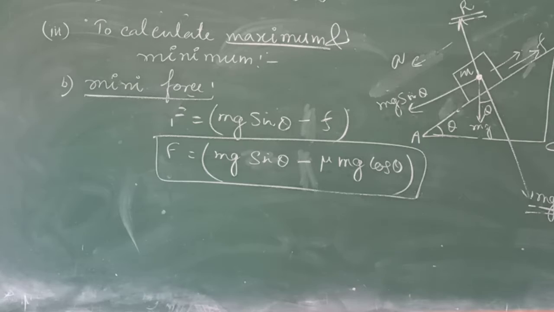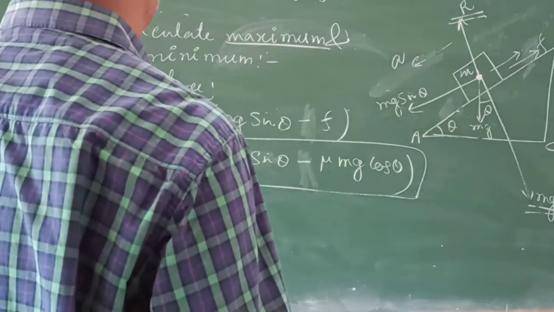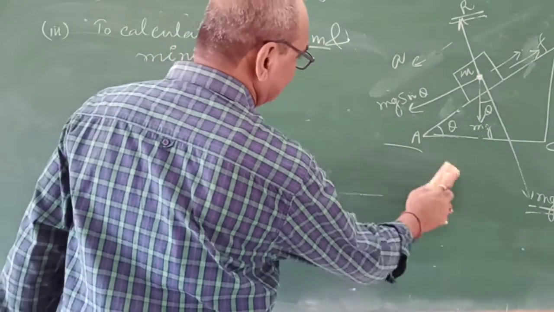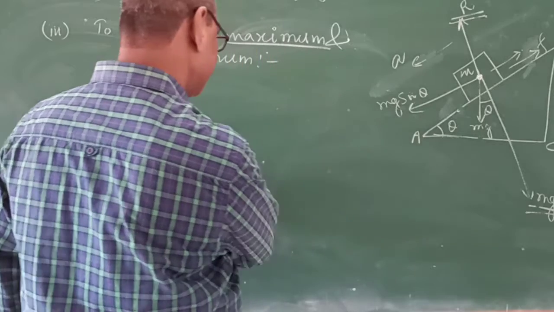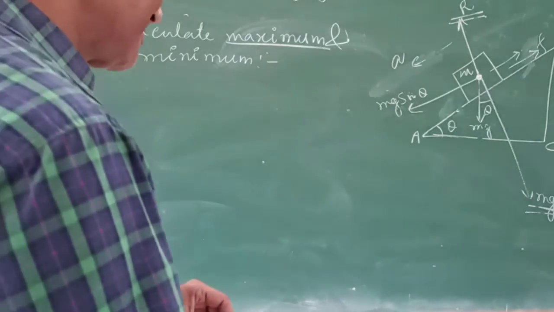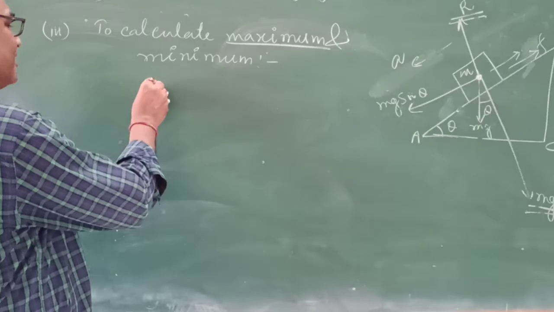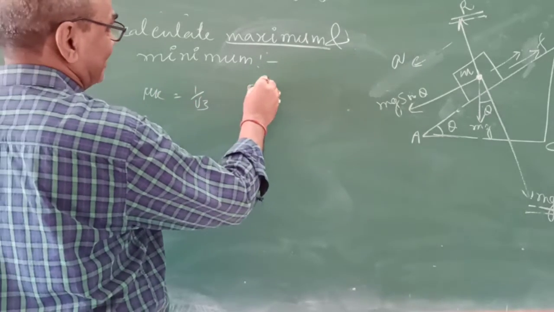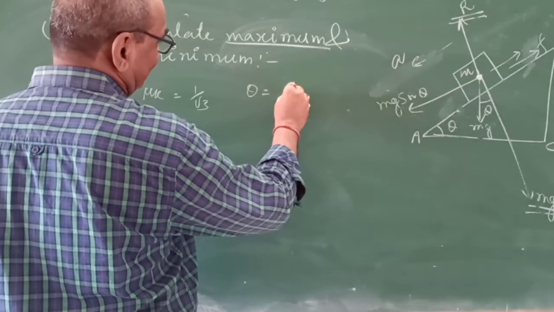Suppose a block of mass 100 kilogram is at rest on the inclined plane. Then find the maximum and minimum force required to move the block, when the coefficient of kinetic friction is equal to 1 by root 3 and the angle of inclination theta is 30 degree.